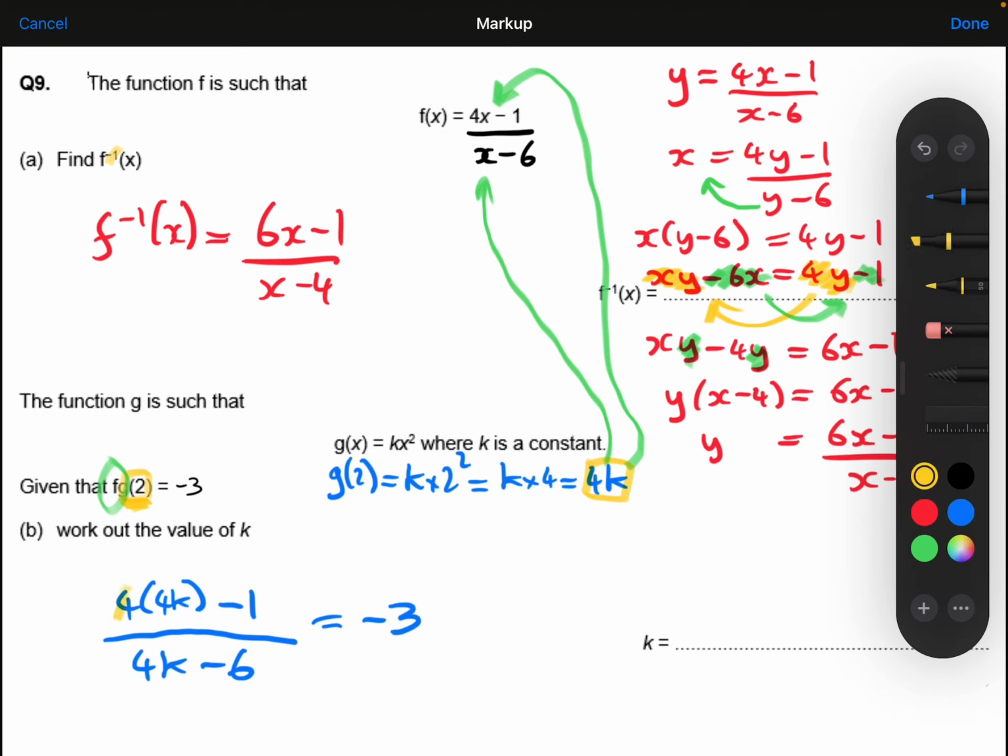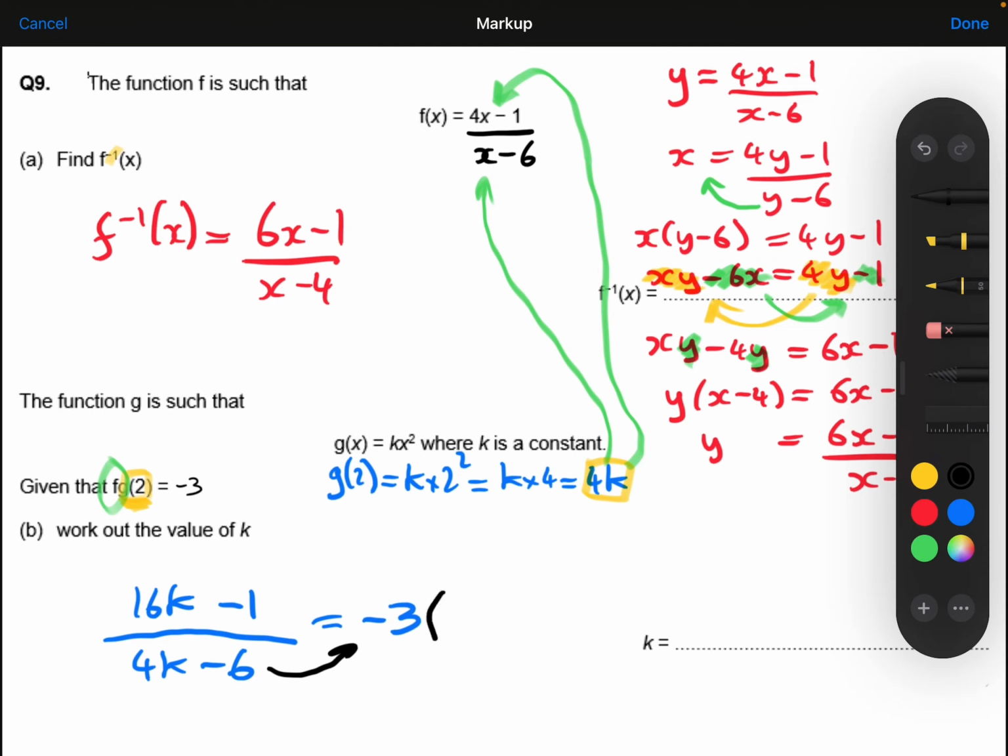The 4 lots of 4k there, 4 times 4k is 16k. So let me rewrite that like that. Right, to solve this equation, to work out the value of k, I'm going to multiply both sides to get rid of this fraction.